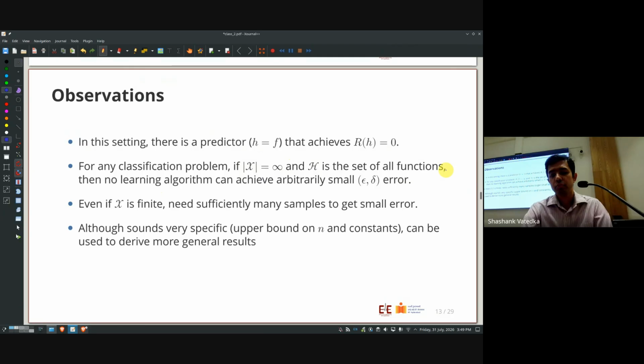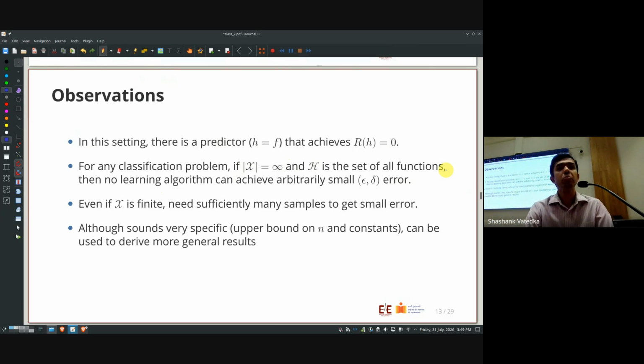All right. So as I said, although this theorem seems very specific, it can be used to derive much more general results. So naturally, you get the following question. If the cardinality of x is infinite, then how do you choose h? Clearly, if the number of functions is finite, then maybe you can somehow search through all possible functions and find the best one.